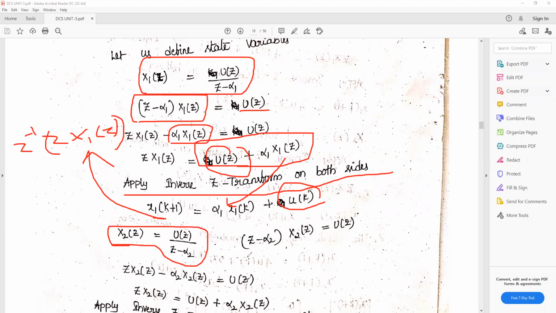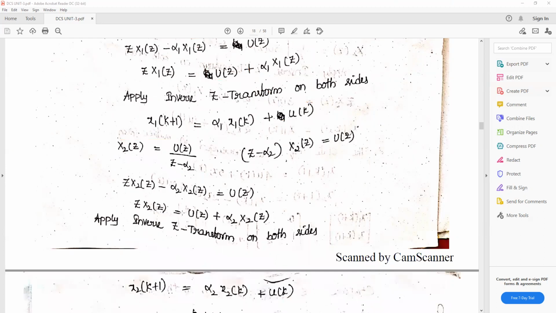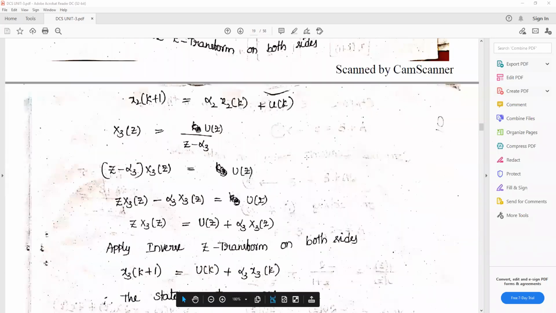Same process: z minus alpha 2 into x2 of z is equal to u of z. So z into x2 of z is equal to u of z plus alpha 2 into x2 of z. Apply inverse z transform on both the sides.